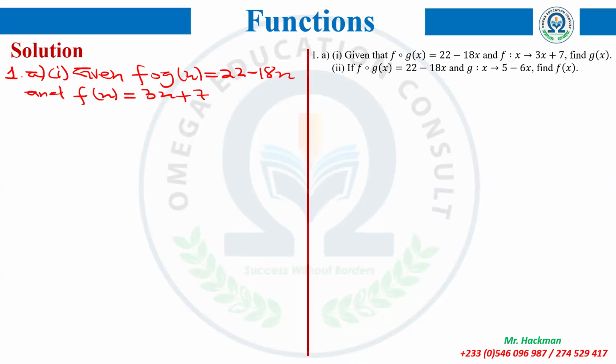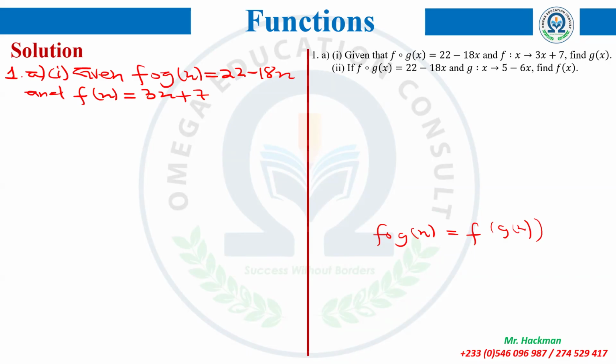By that, this is what I mean. If you are given f of g of x, what is the basic meaning of f of g of x? This means f, you feed it with g of x. Am I right? Yes. Okay, very good.